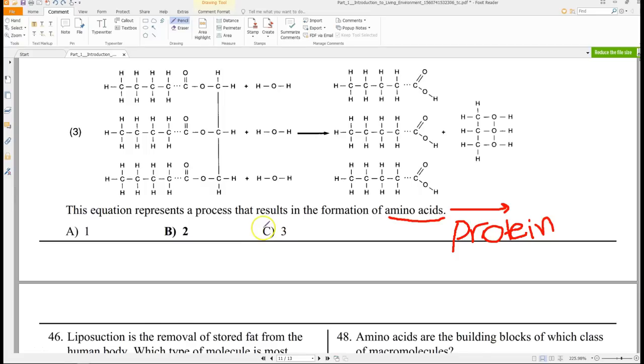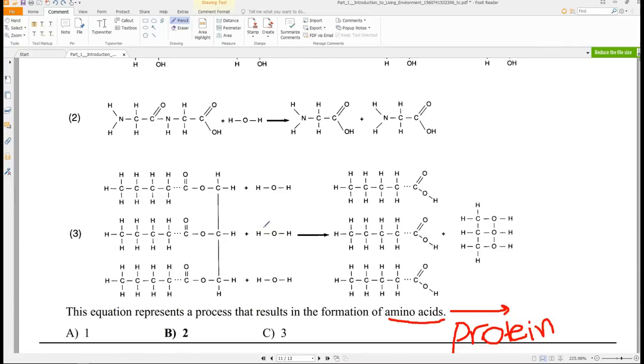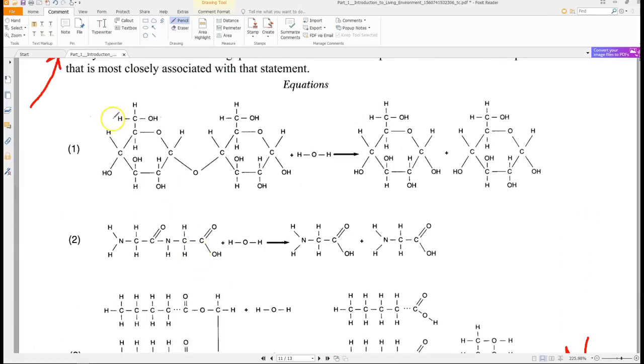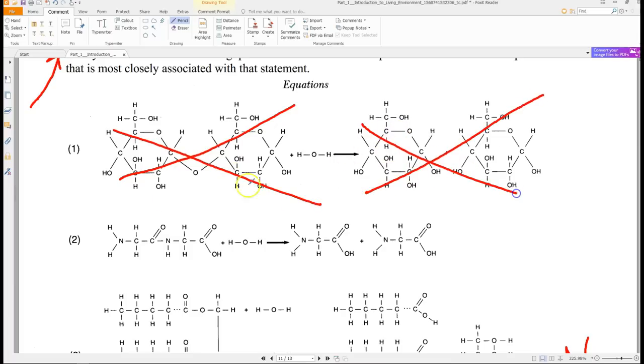Now, a protein has nitrogen in it. So let's just go one by one and put a big X on compounds where you don't see nitrogen, the letter N. This does not have N at all. Neither does this. I see no nitrogen here.